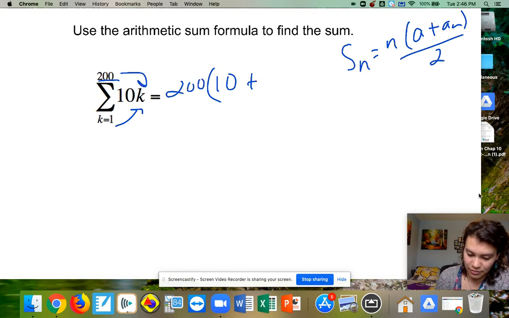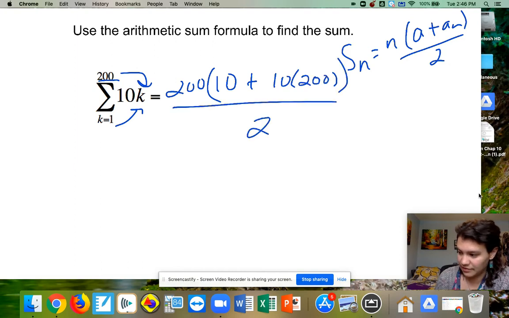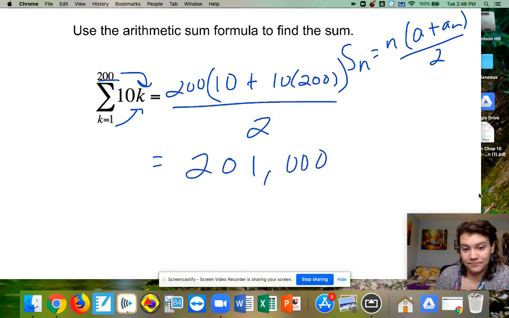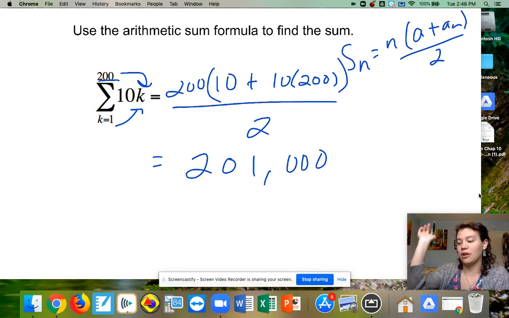Last term, plug in 200, so 200 times the quantity 10 plus 200, and then divide everything by 2. And if you type this into a calculator, you should get 21,000 as your answer. So much easier than adding 10 plus 20 plus 30 plus 40, etc., all the way up to 200.